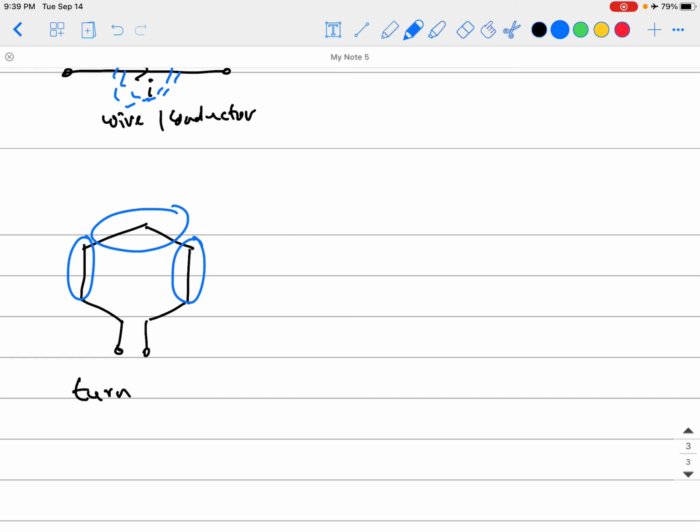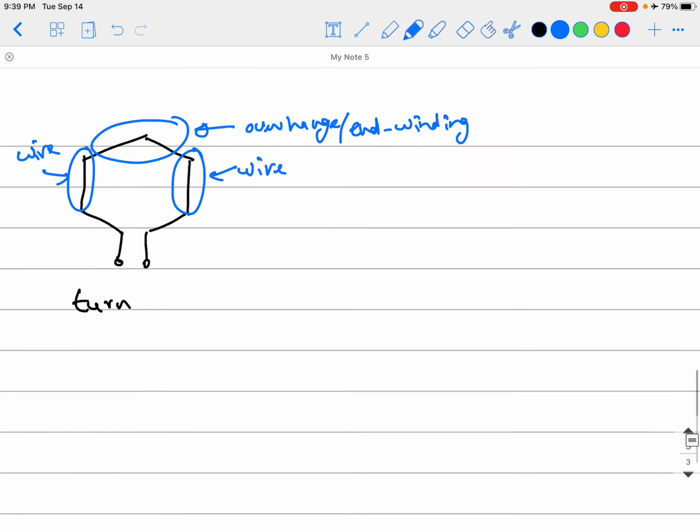So this is a wire or a conductor, and this is a wire or a conductor, and this also can be a wire, but we call it the overhang, or sometimes the end winding. Why are we saying this? Because this part does not contribute in the energy conversion process, and we will know why in just a minute.